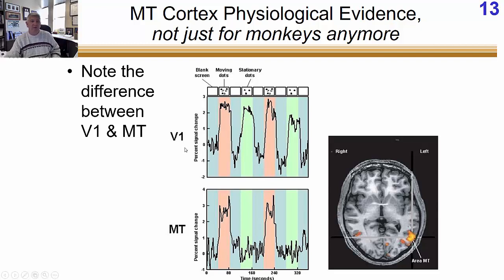If we look at firing in V1, V1 is firing to all the stimuli. It's firing to stationary dots, it's firing to moving dots. But in middle temporal cortex, it is only firing when the moving stimulus is present. So now we've separated out the movement aspect from V1 through V3, V5 into middle temporal cortex, where we have this very directionally specific movement.